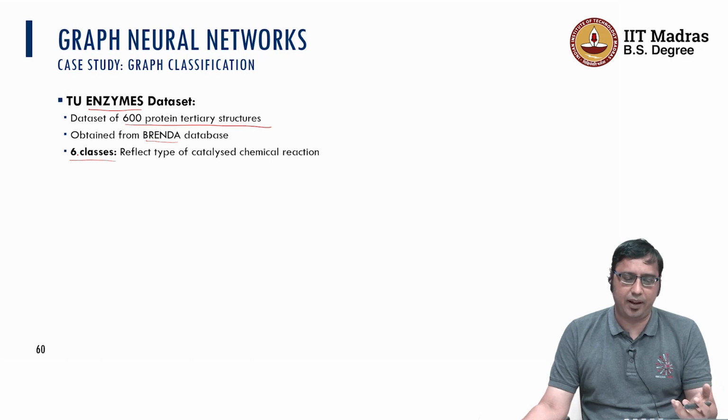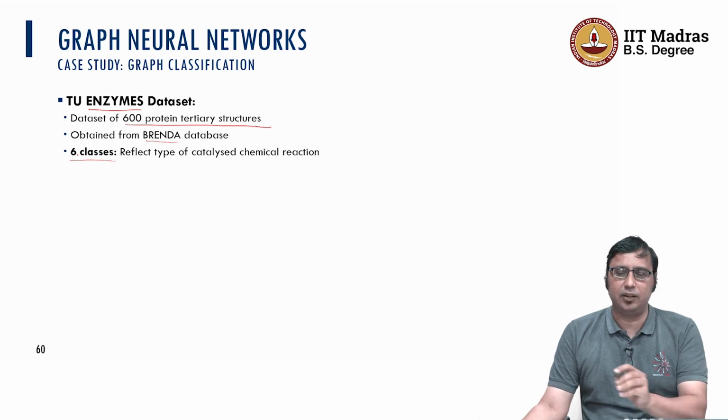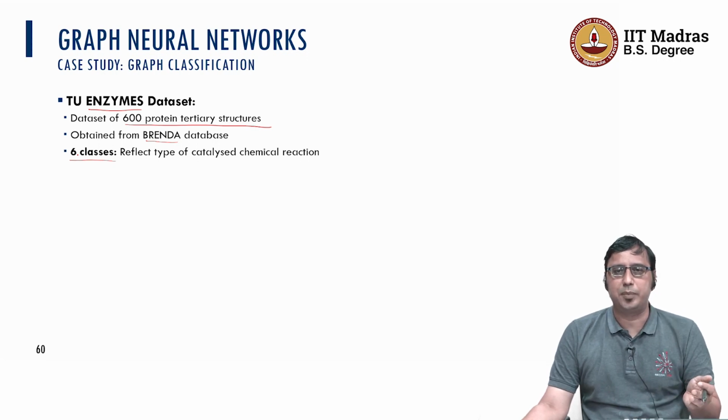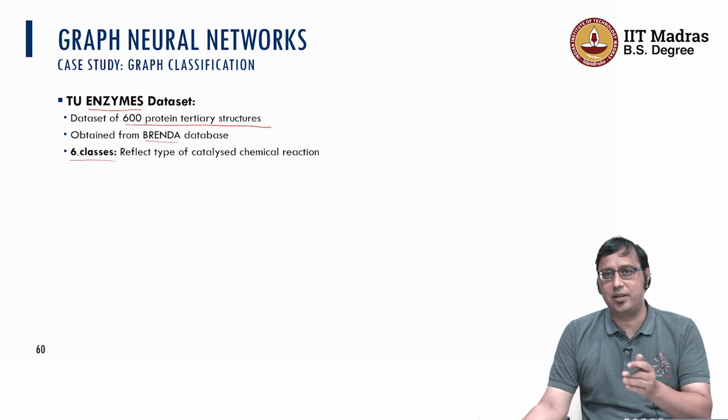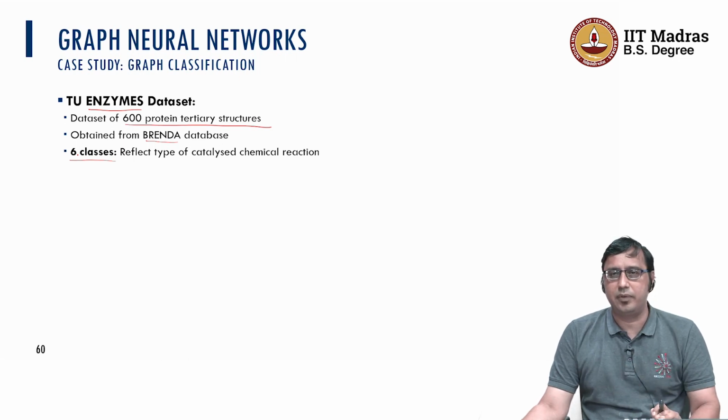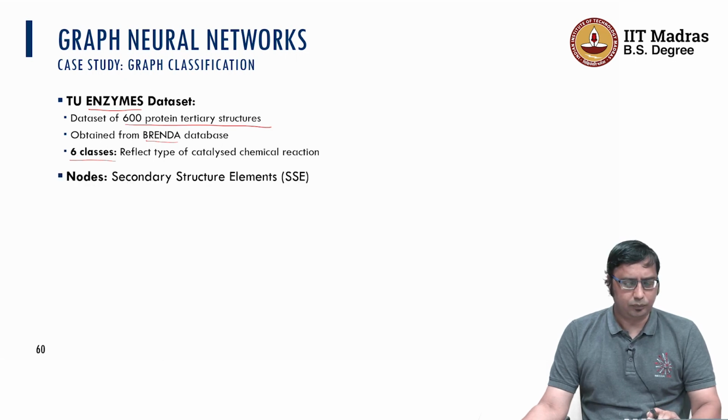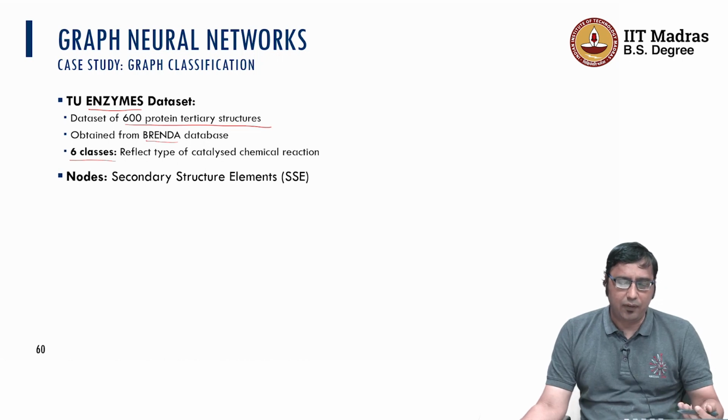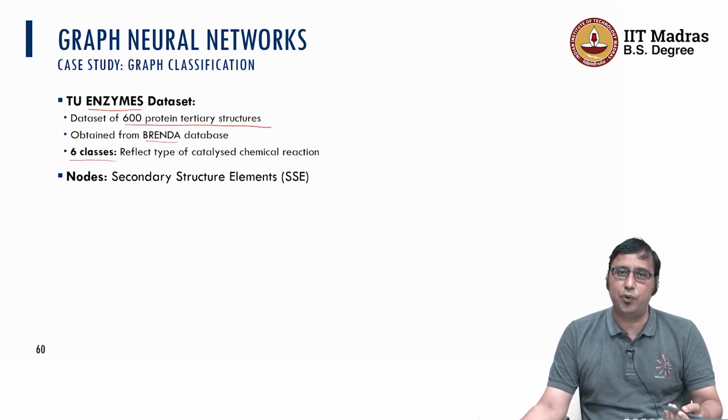So an enzyme is represented as a protein tertiary structure, with a label for which kind of reaction it catalyzes. The objective is, given a new protein tertiary structure, to know which kind of reaction this protein will catalyze.